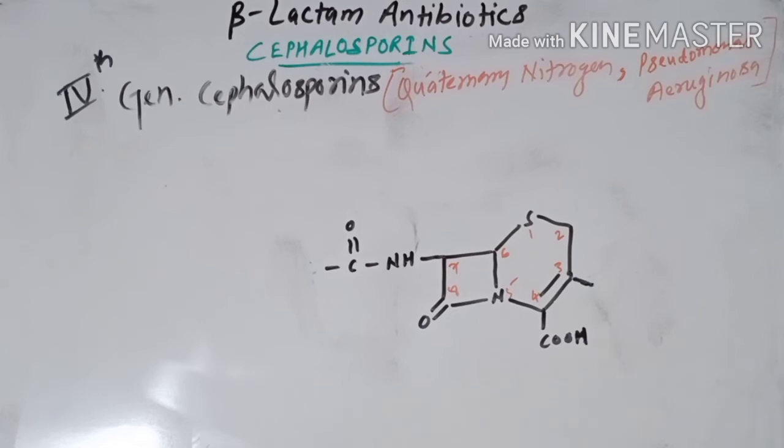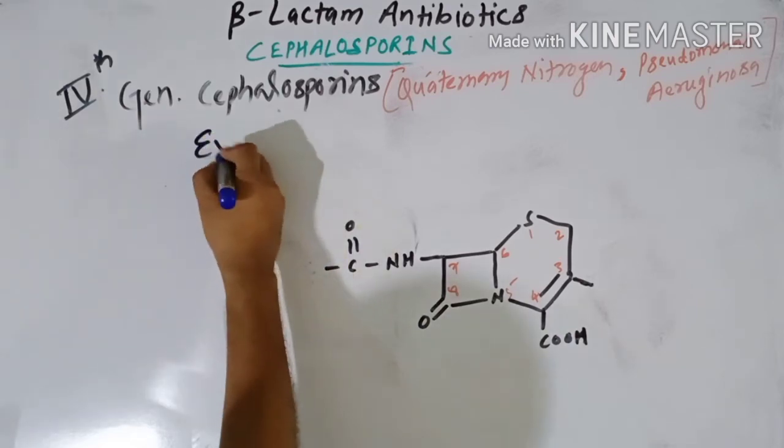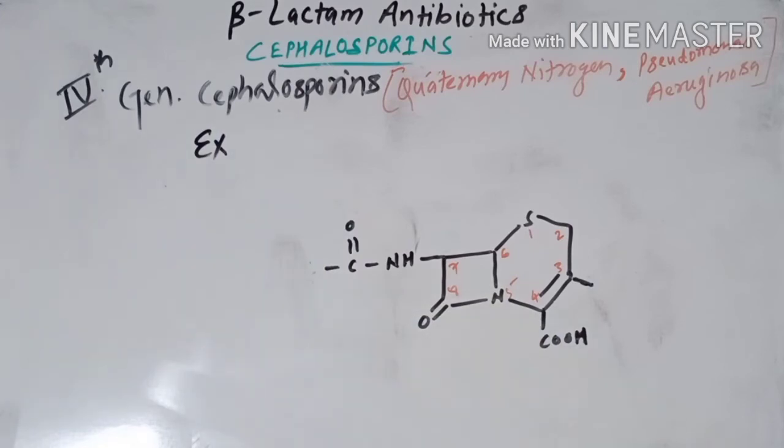This 4th generation cephalosporin clearly shows some improved activity against Pseudomonas aeruginosa. So what is the example? In this class there is only a single example, a single drug, a single compound, which is cefepime.